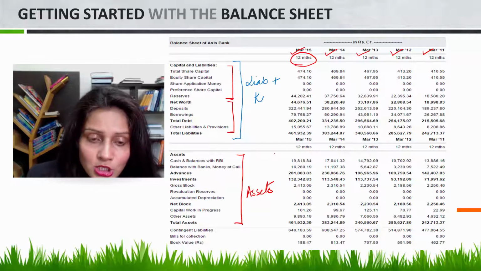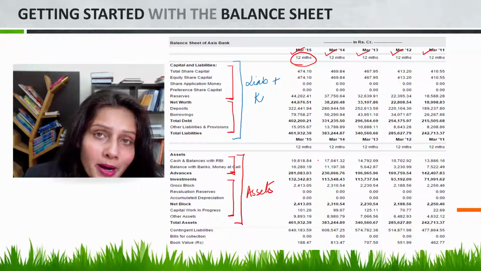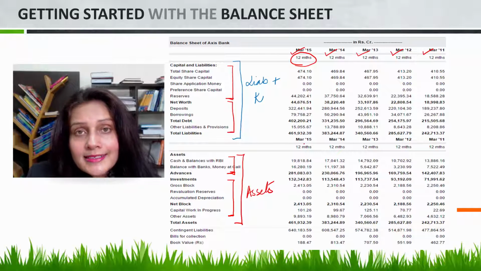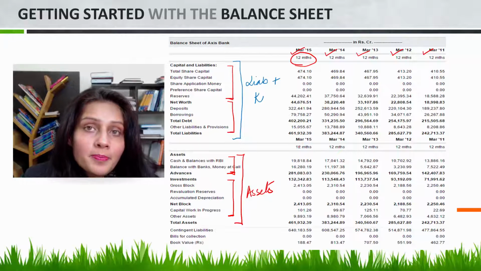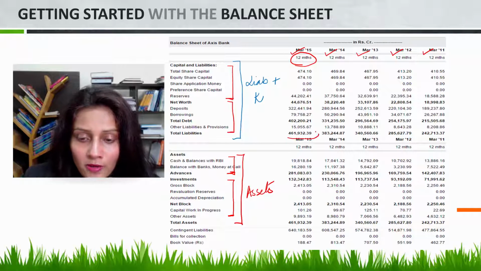So in this balance sheet, we can see that this top portion is of current assets, whereas this portion is of fixed assets. The most important part to notice in the balance sheet is that the balance sheet is always in balance. That is, the total of the liability side will always be equal to the total of the asset side. And this will happen for each of the years that you see.